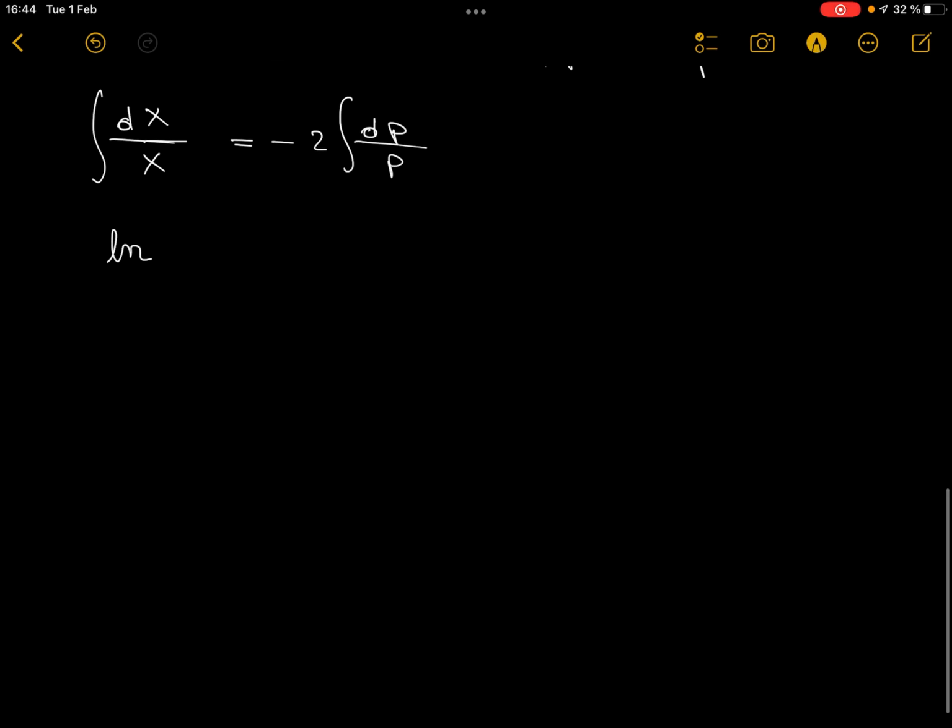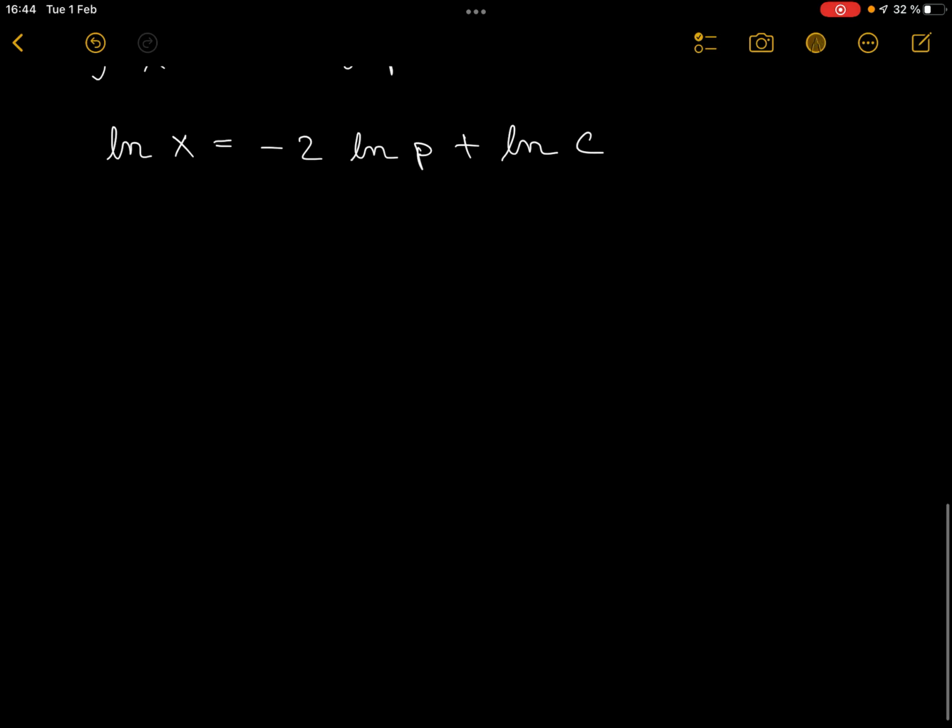And then we're going to get that ln of x is equal to minus 2 ln of p plus ln of c, or ln of x is equal to ln of c over p squared. So in other words, x is equal to c over p squared.